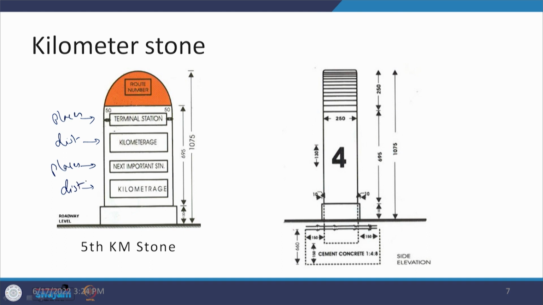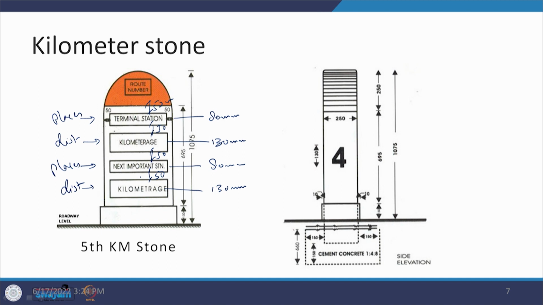So, if we talk about the place, then the place is going to be written as 80 mm, and the kilometer is being written as 130 mm size, and this gap is 50, 50, this is also 50.